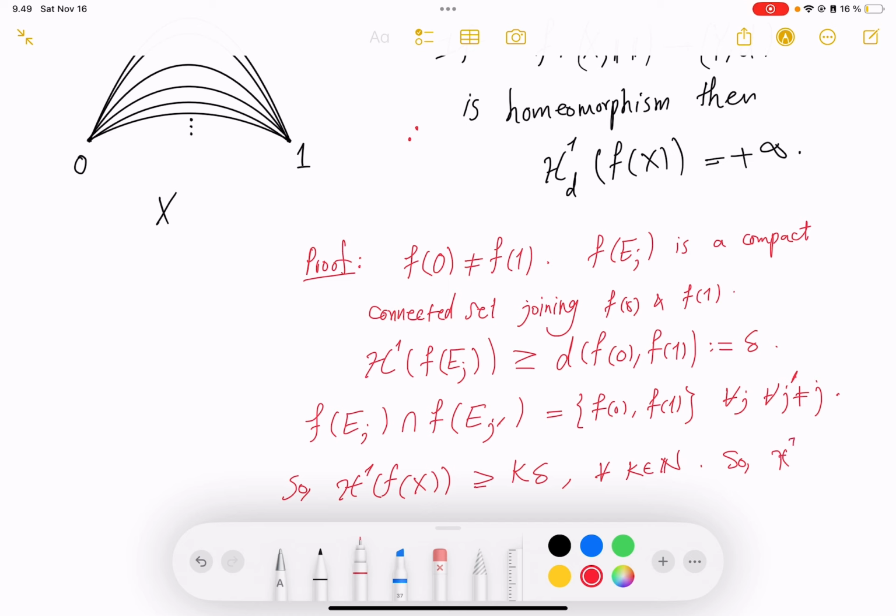So H1 of f of E is infinity. That's the end of the proof, using really no sophisticated topology, and the only metric fact we used was this fact between diameter and H1 about Hausdorff measure.